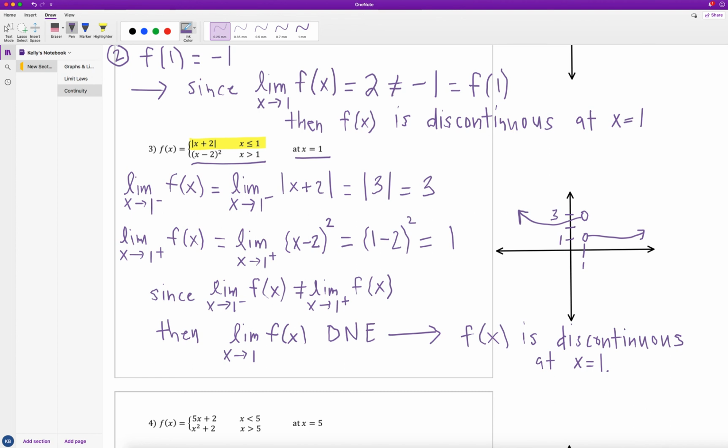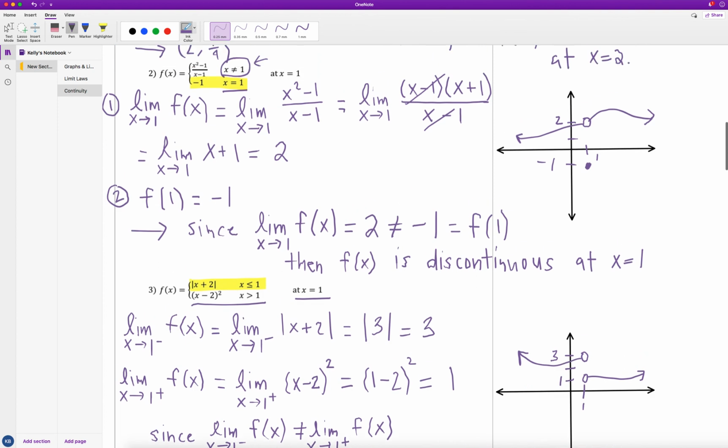On the flip side of that, though, we've seen that just because in our prior example the limit did exist, so the limit from the left equaled the limit from the right in example 2, and they were both equal to the value of 2 in this case, that wasn't enough to prove that the function was continuous.